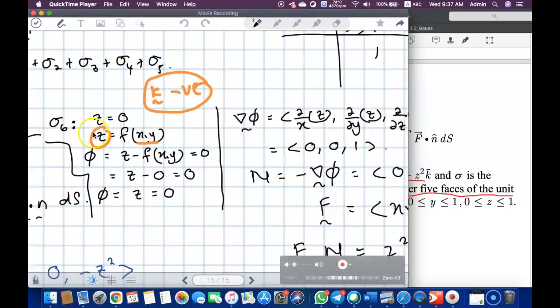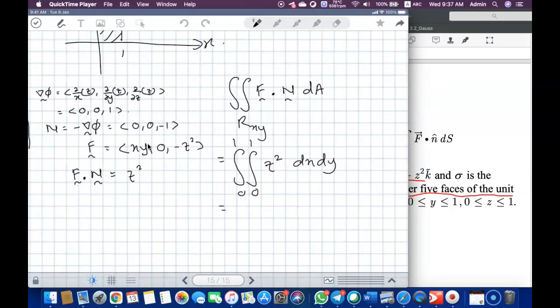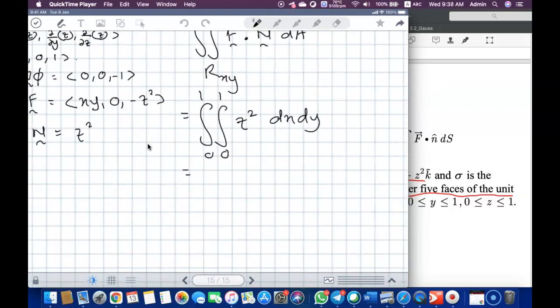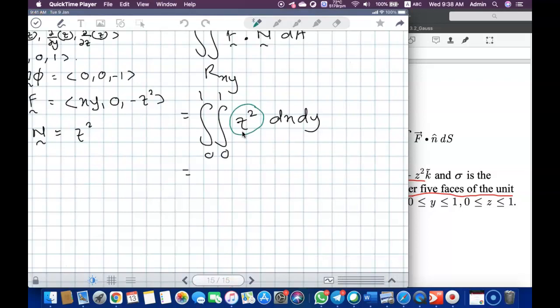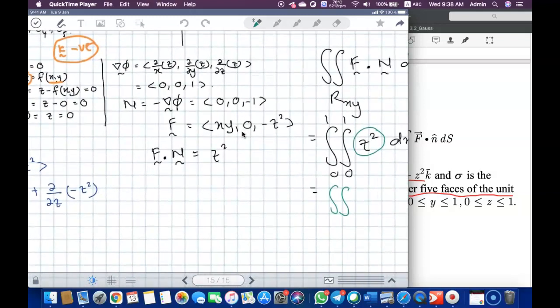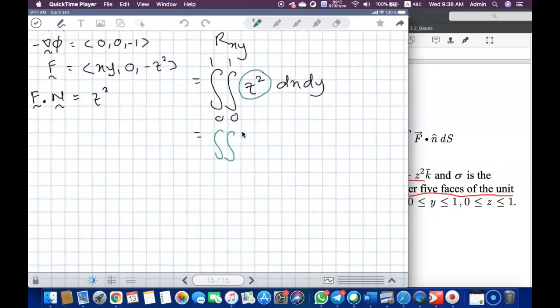From the equation of your sigma 6, your region is xy, so the integrand can only be in terms of x and y. You cannot have z. So you have to replace the z here by the function of the surface. Based on your function, z is equal to 0. So when you replace it here, the integrand is 0.